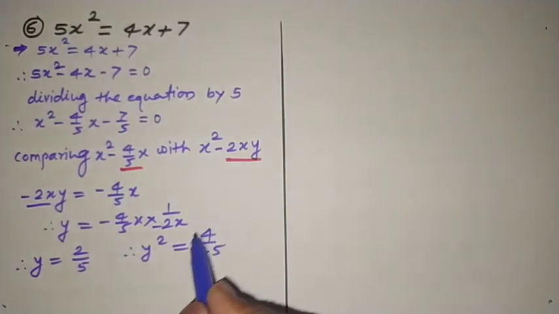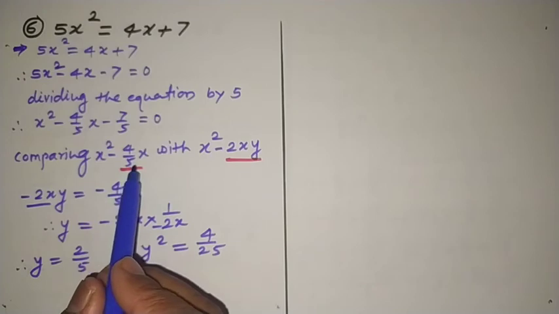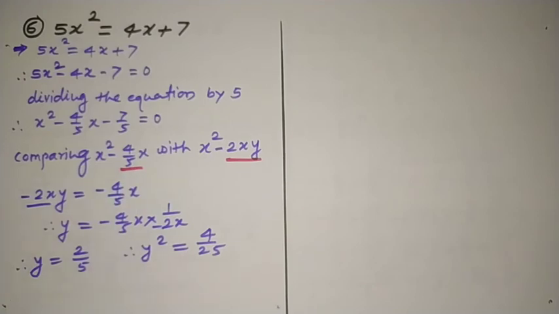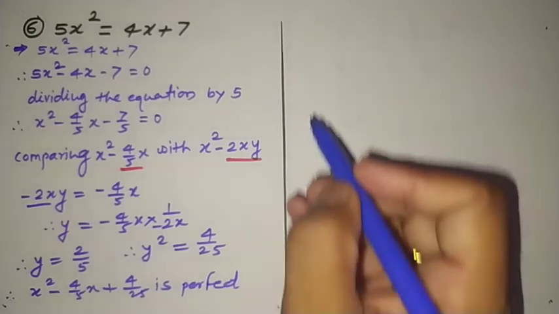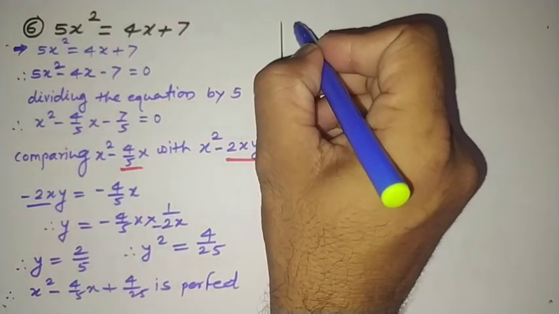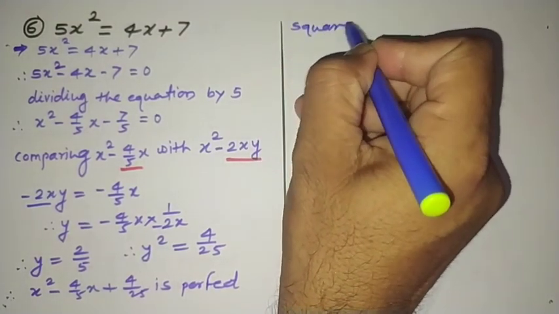Adding this term, the equation is a perfect square trinomial. Therefore x square minus 4 upon 5x plus 4 upon 25 is a perfect square trinomial.